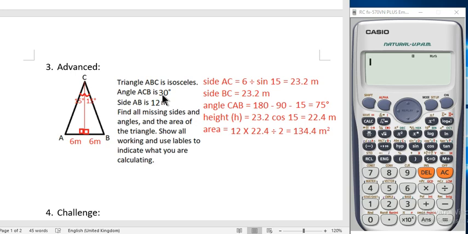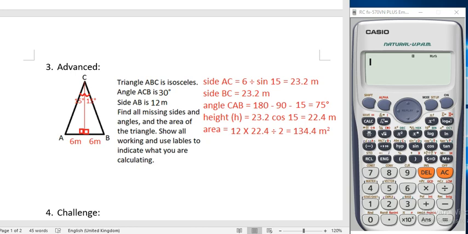Notice that this large triangle ABC, the whole thing, does not have any right angles in it at all until we split it in two. So we're breaking it in two, and you end up with a right angled triangle on this side here.